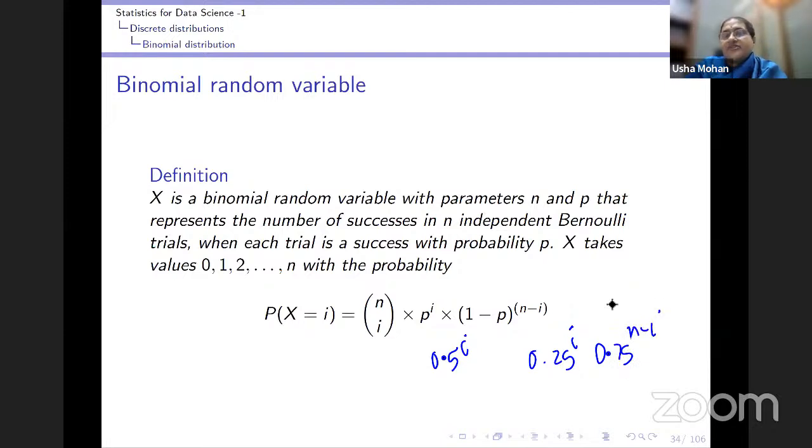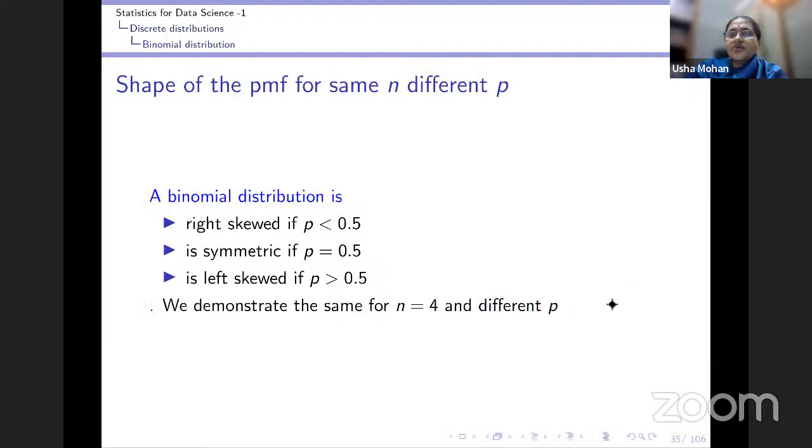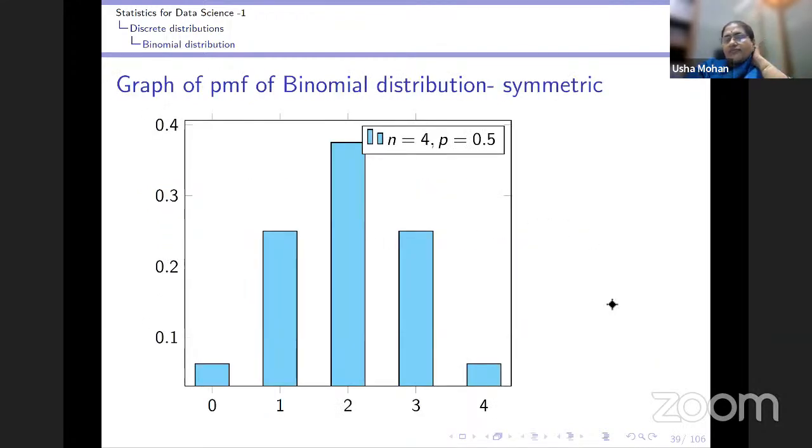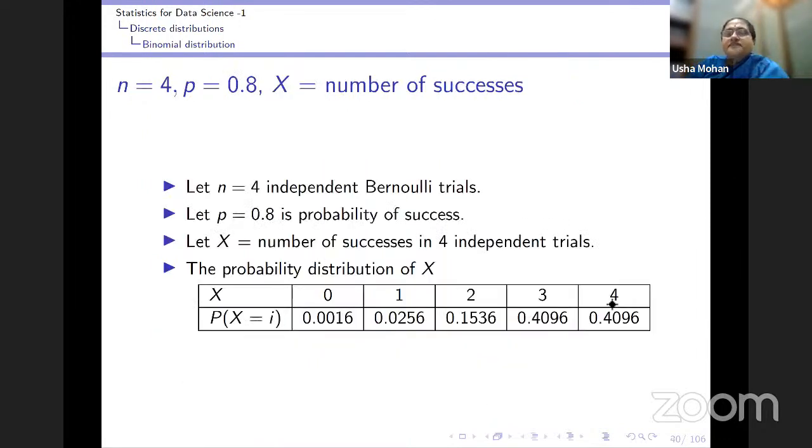So your graph would change. When you vary p, the probabilities change. You can try that out for n equal to 4 and p equal to 0.5. It's very simple. You can calculate the probabilities and see that the graph changes.